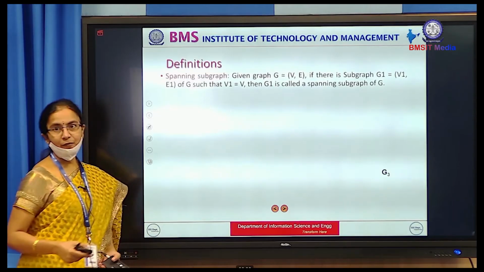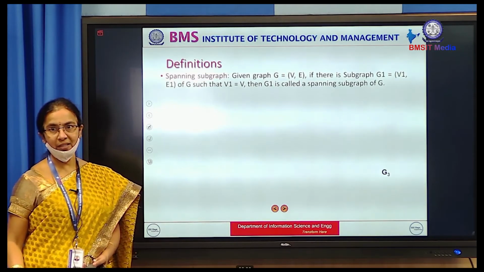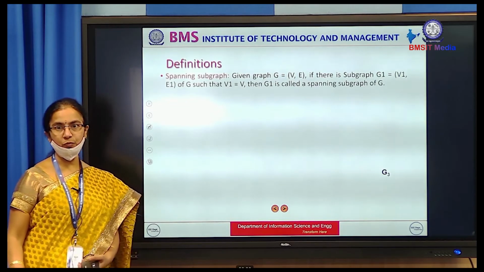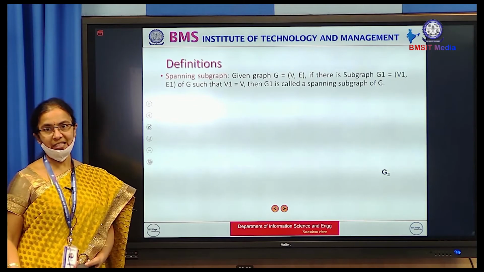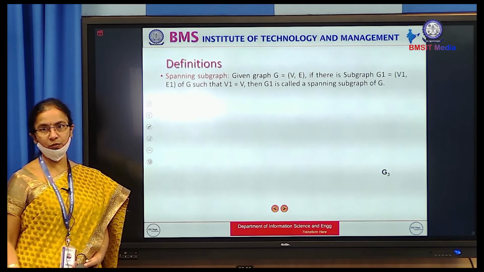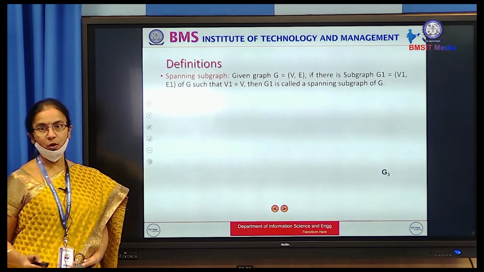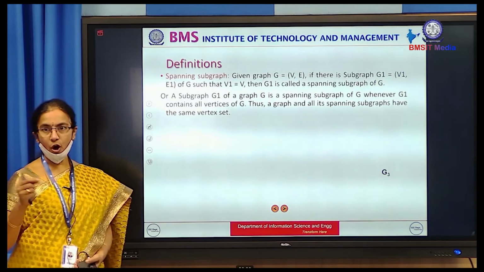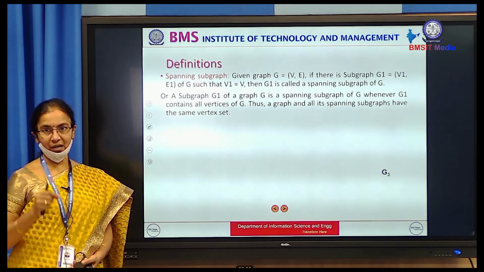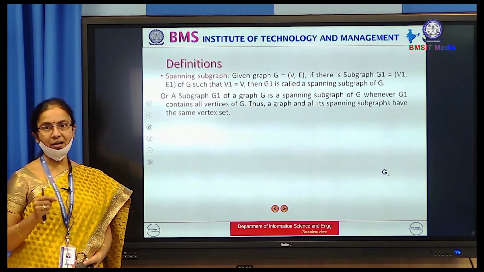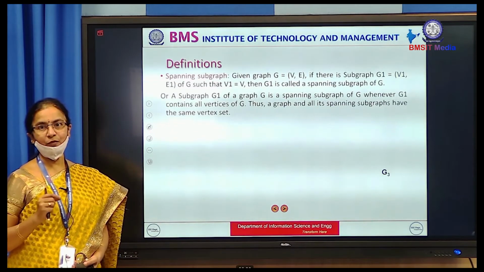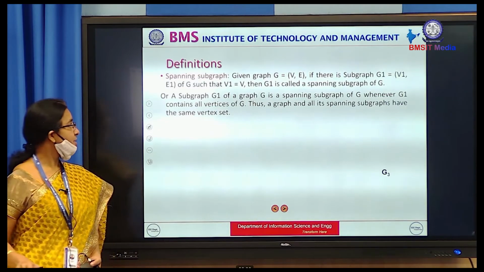Given a graph G equals V comma E, if there is a subgraph G1 equals V1 comma E1 of G such that V1 is equal to V, then G1 is called a spanning subgraph of G. Or we can also say that if in a subgraph all the vertices are part of the subgraph with minimum number of edges, then we call it a spanning subgraph.